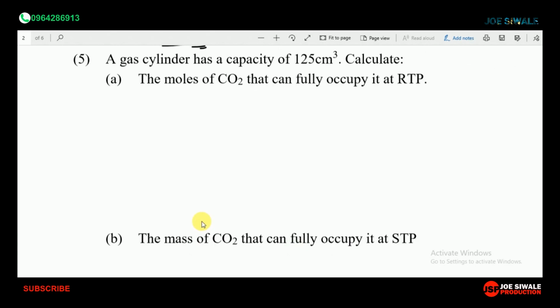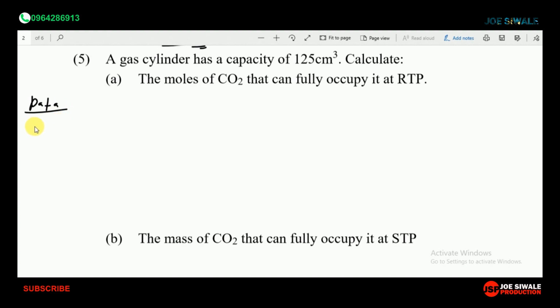Question 5 reads, a gas cylinder has a capacity of 125 cubic centimeters. Calculate the moles of carbon dioxide gas that can fully occupy it at room temperature and pressure. So we're going to collect our data.